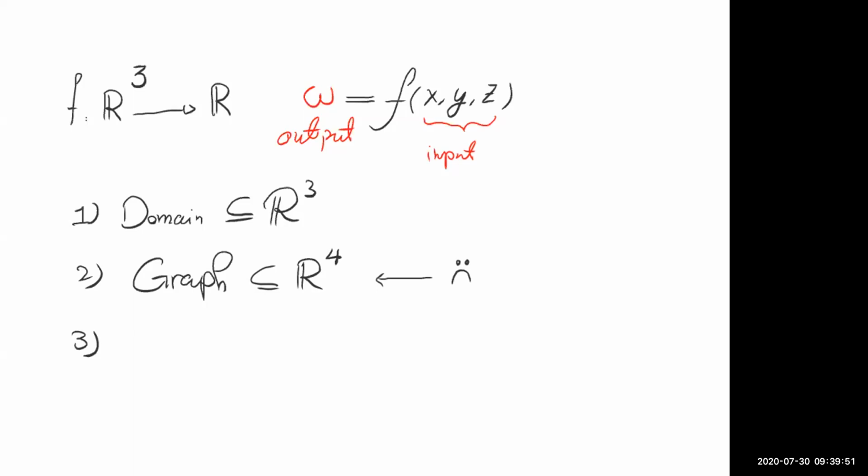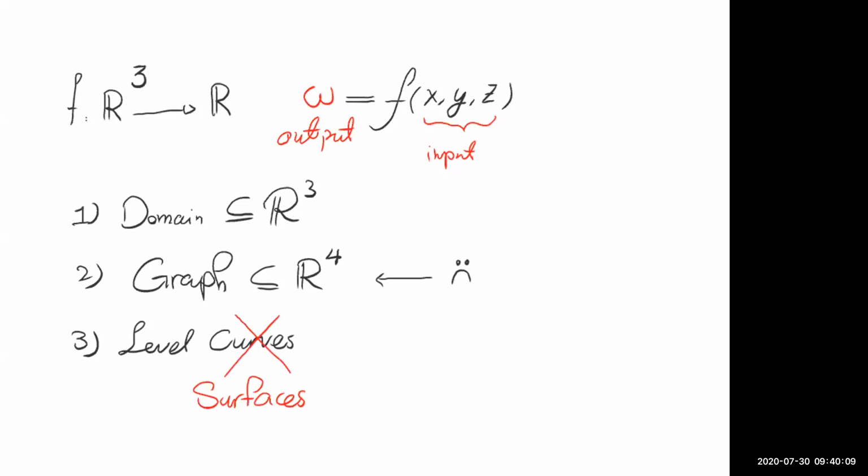The third thing we had, there were level curves in the two-dimensional case. Actually, we don't have level curves here. Here we have level surfaces. We will see that in an example.